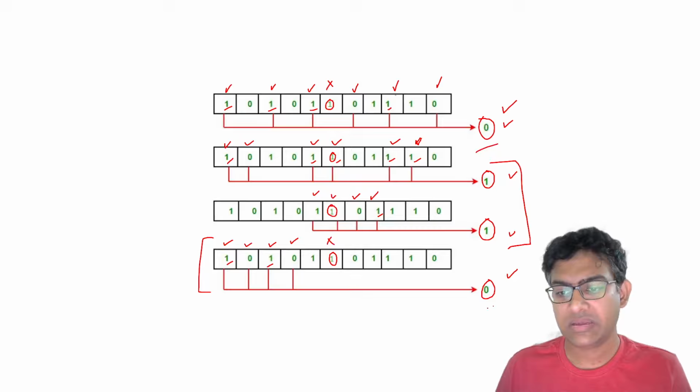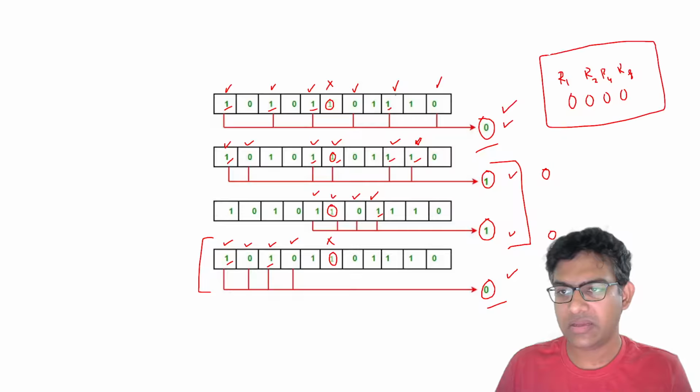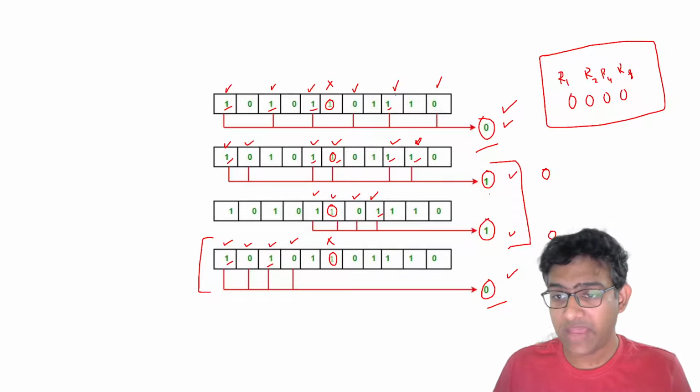That's why the parity checks out. If the 6th bit had not gotten altered, then even these parities would come out to be 0. So if you get a 0, 0, 0, 0 for basically R1, R2, R4 and R8, there is no error.